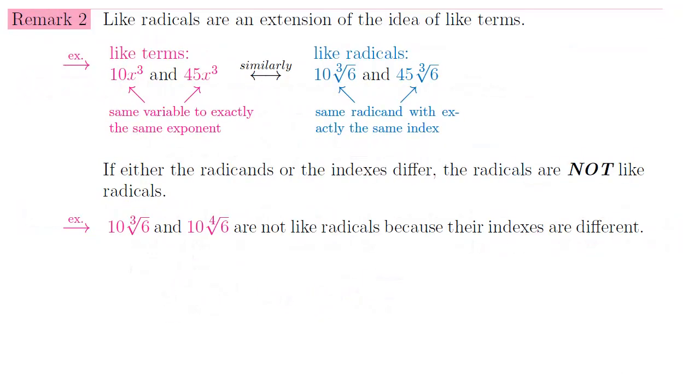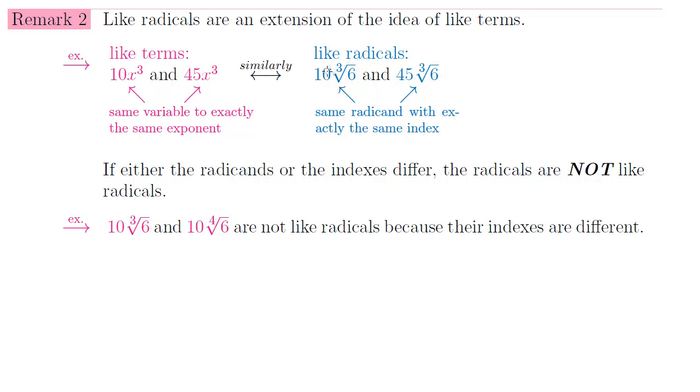One thing I'd like to point out about like radicals is that they're an extension of the idea of like terms. For example, 10x cubed and 45x cubed are like terms because they have exactly the same variable x and exactly the same exponent, 3.